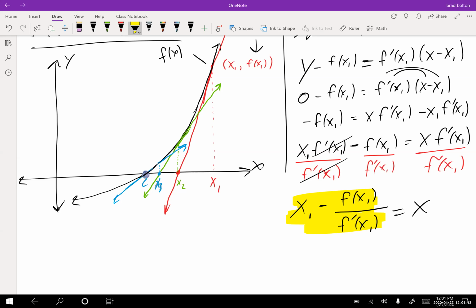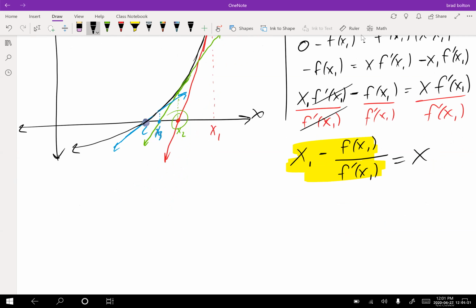Now let's say we use this for our new x. That's this guy right here, right? So now we're going to say, well, let's do that again. And we would do the same exact process. We would say y minus f of x sub 2 equals f prime of x sub 2 times x minus x sub 2.